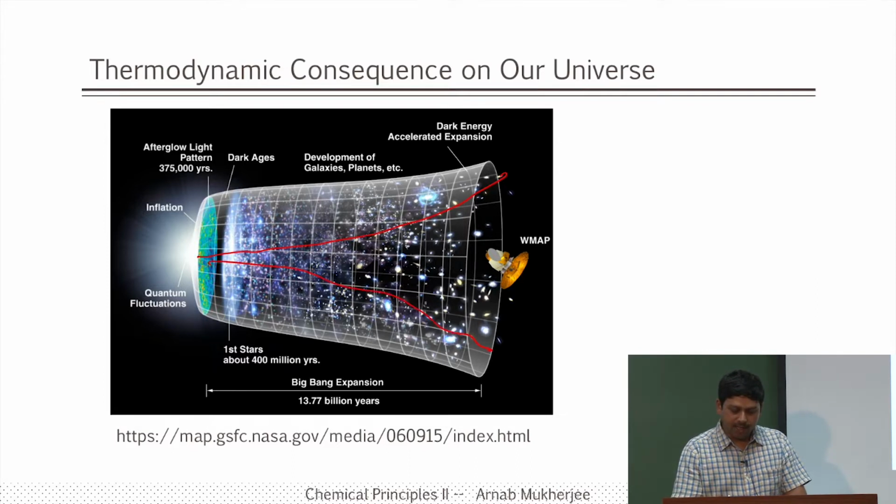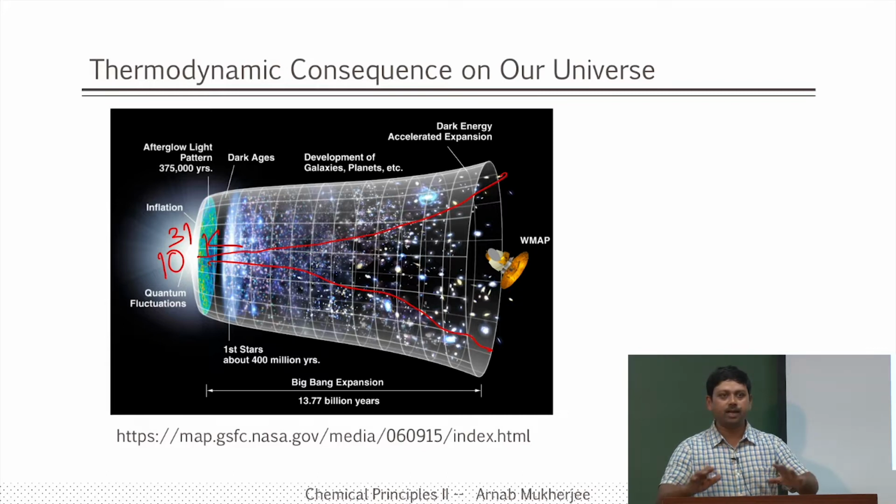It is believed that the temperature was 10 to the power 31 Kelvin at the time of the Big Bang. So, it was only energy and nothing else.